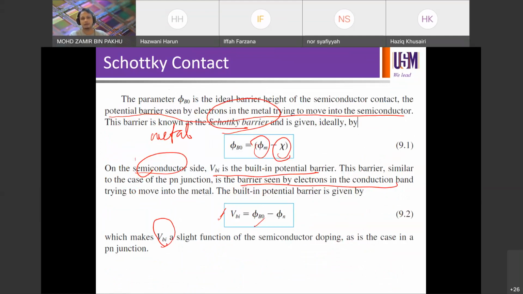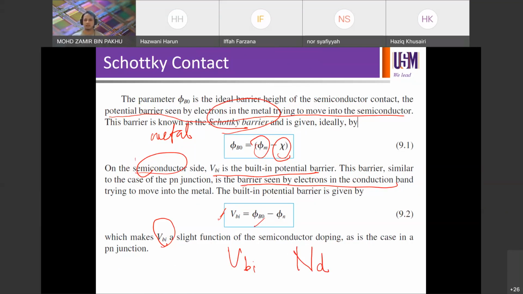So let's recap. How is VBI related to the semiconductor doping? Is it Na or Nd? Say Na. Oh no, it's Nd, because this is N-type silicon. What is the relationship between VBI and Nd? Anyone? From our previous topic in PN junction?